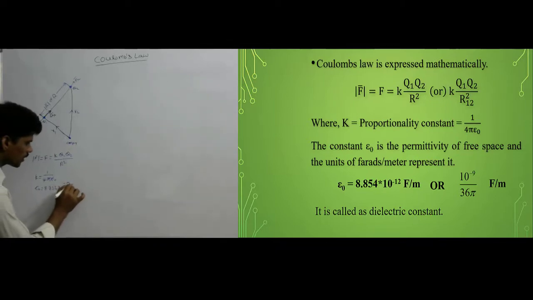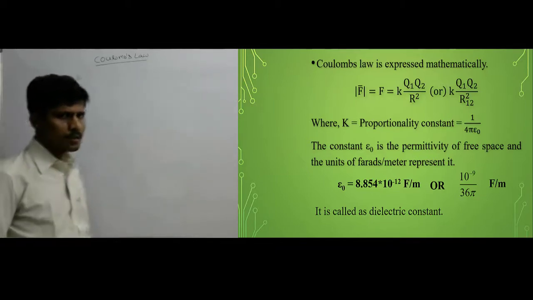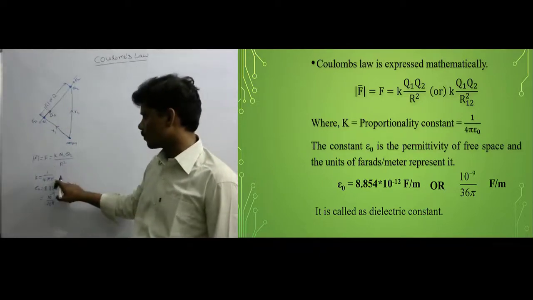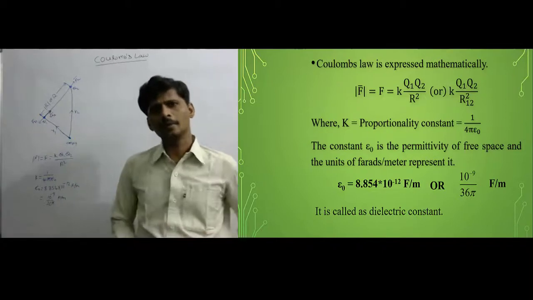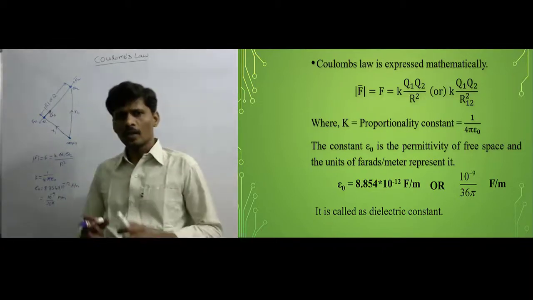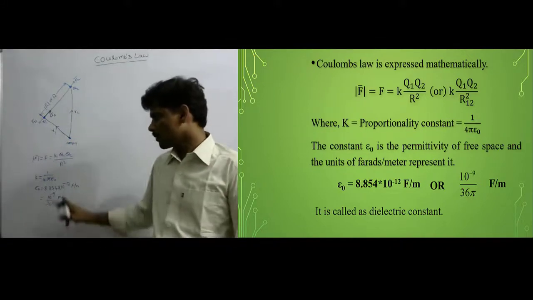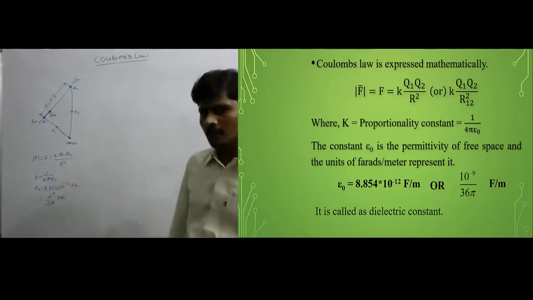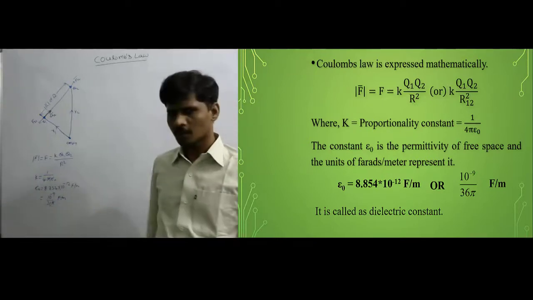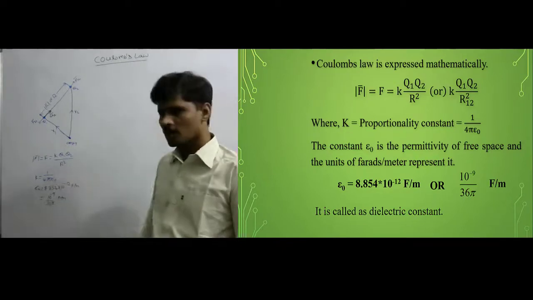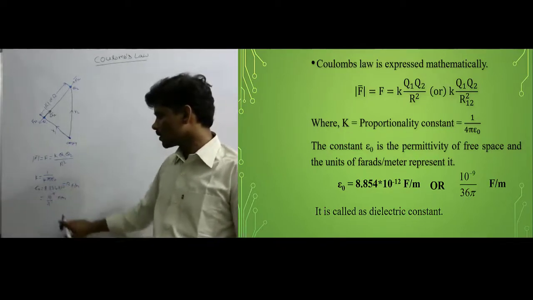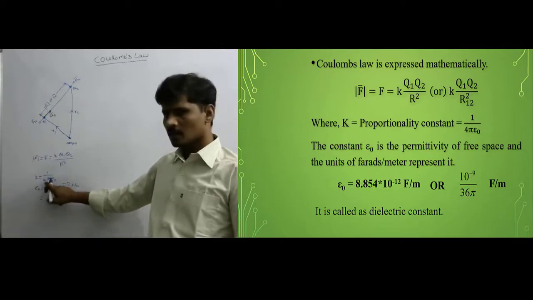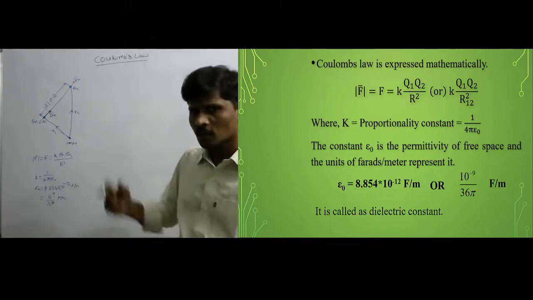In free space, the value of the permittivity epsilon naught is 8.854 into 10 to the power of minus 12 farad per meter, or 10 to the power of minus 9 by 36 pi farad per meter. Substituting this epsilon naught value, pi cancels, 4 nines are 36, and 1 by 9 goes to the numerator.